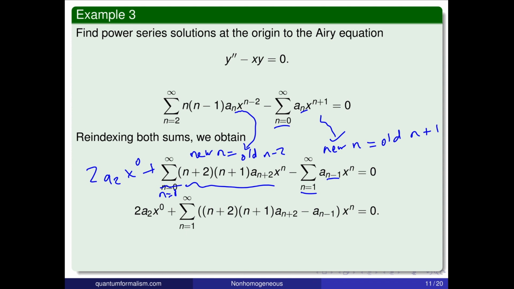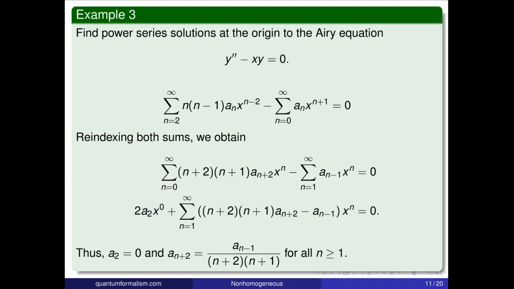All right, and so now we have a big power series on the left, and once again, we need all coefficients to be equal to 0. First it will give us that a2 has to be 0. That's from setting this one equal to 0. And then from setting these coefficients equal to 0, we'll get a recurrence relation.